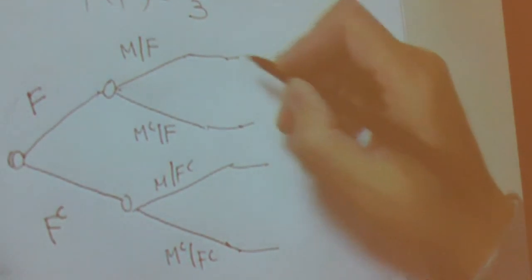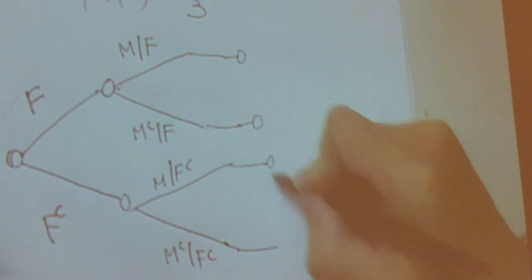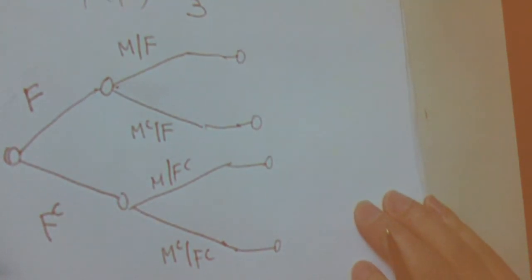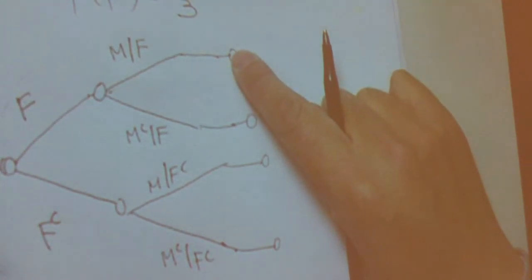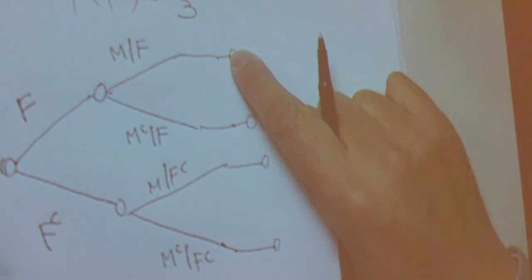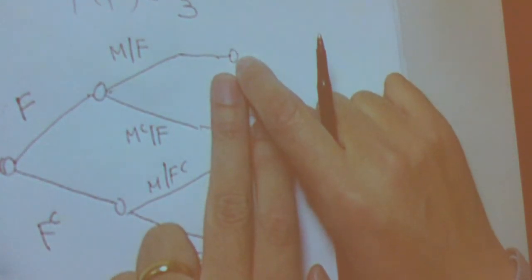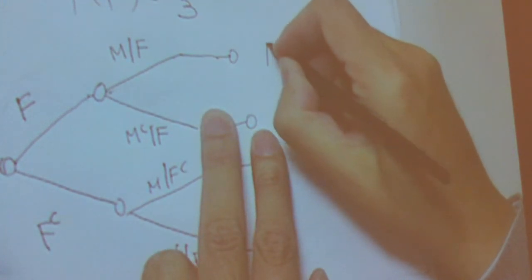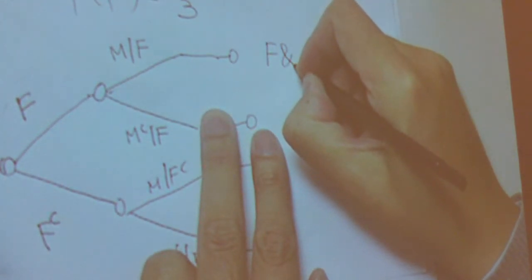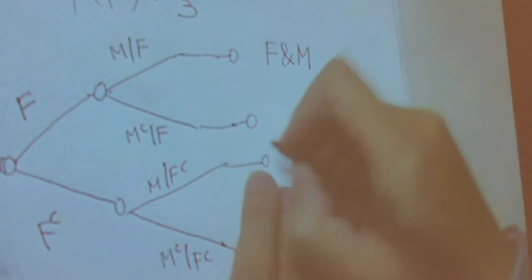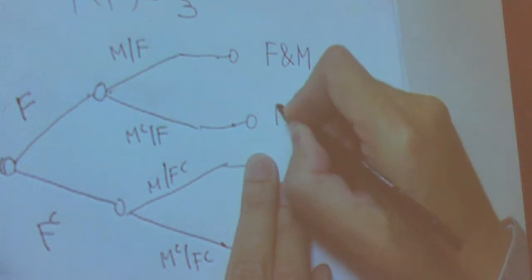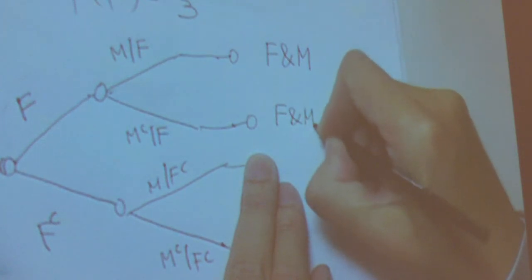Last, to complete the tree here, you also need to indicate the terminal outcomes. So we have 4 terminal outcomes. Each terminal outcome represents the combination of the 2 events, or the joint event, the intersection, right? Here, this node means we have good weather and we make profit. And here we have good weather and we do not make profit.